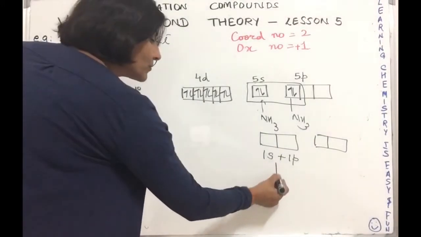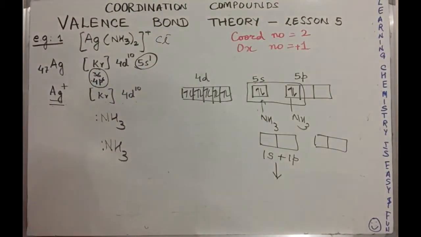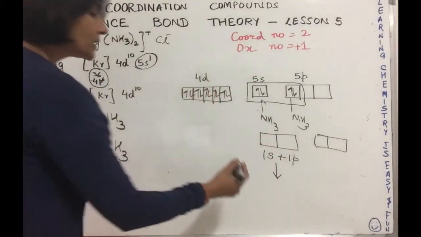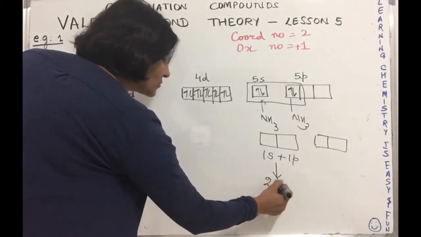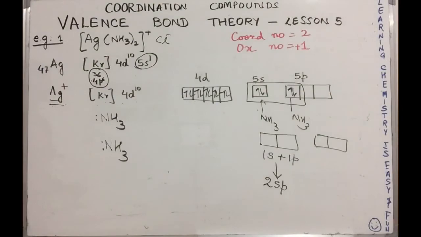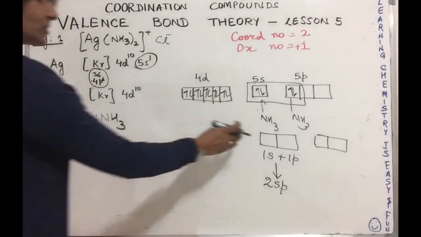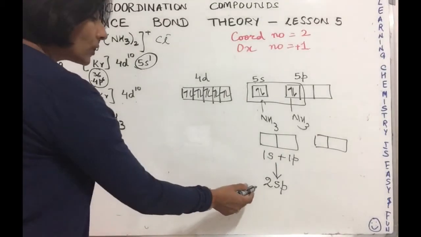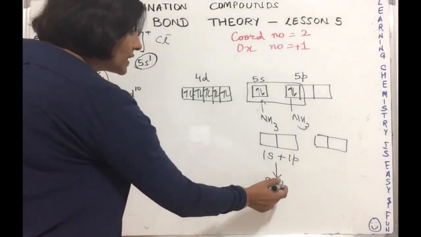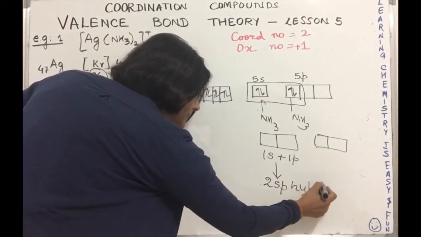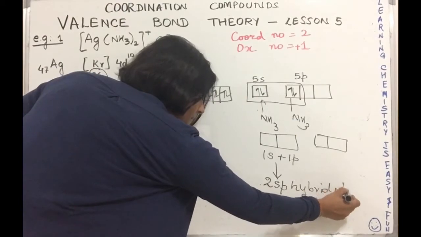But how many rooms will be there in that unit? Again, one from here, 2. The number of rooms in the house still remains the same, but we name them differently. Their energy will be the same. They will have equivalent energy now, and this we call the sp hybrid orbitals, right?